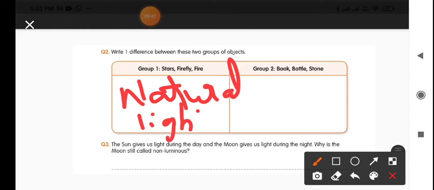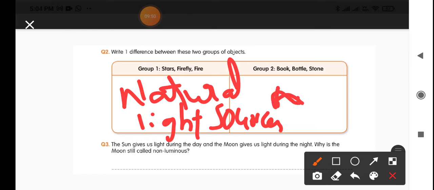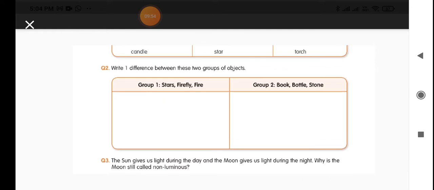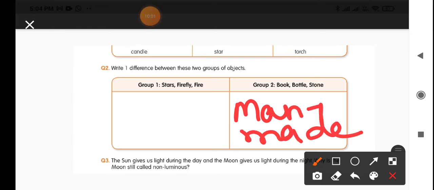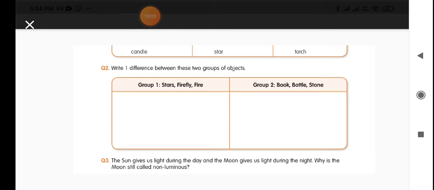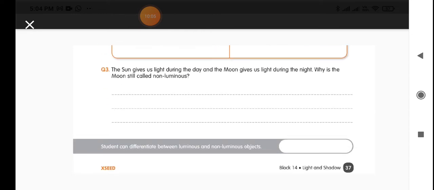They give us light naturally, whereas book, bottle and stone are not light sources. They cannot give light on their own.